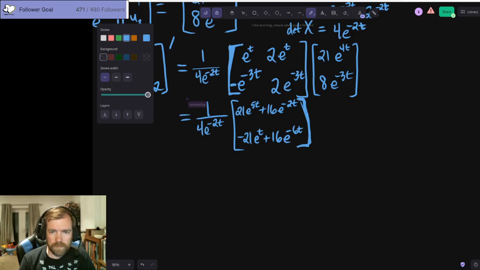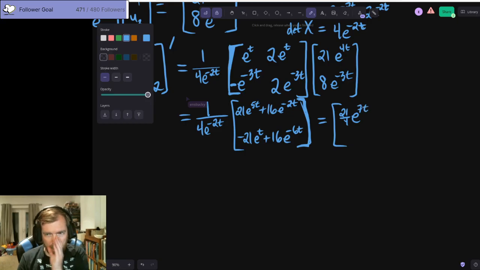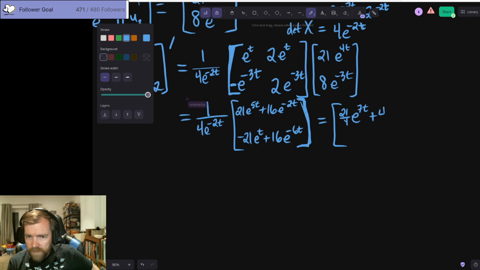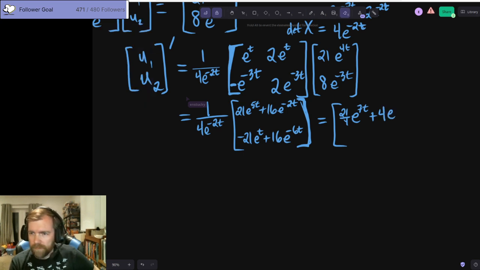And then just divide everything by 4 and e to the 2 minus 2t. We should be all right. Let's see, so we got 21 fourths e to the 7t plus 4.